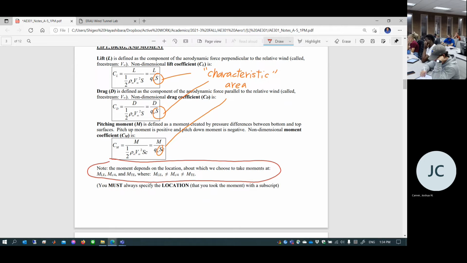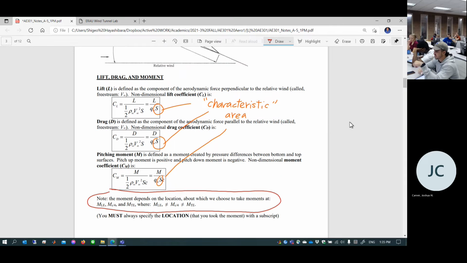Okay, go ahead. If it's a moment taken at the leading edge, would the chord length be zero? Chord length is zero, yeah. That's right. That is 0% chord location, measured at the leading edge. 100% is measured from leading edge to trailing edge. Quarter chord is 25%, measured from the leading edge to the quarter chord.